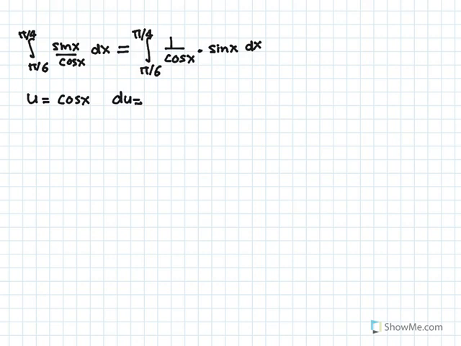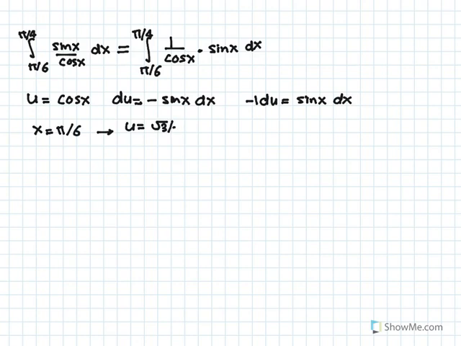Du is minus sin x dx. So minus 1 du is equal to sin x dx. We transform the limits, so x equals pi over 6 was transformed into u is equal to root 3 over 2, and x equals pi over 4 was transformed into u is equal to 1 over root 2.